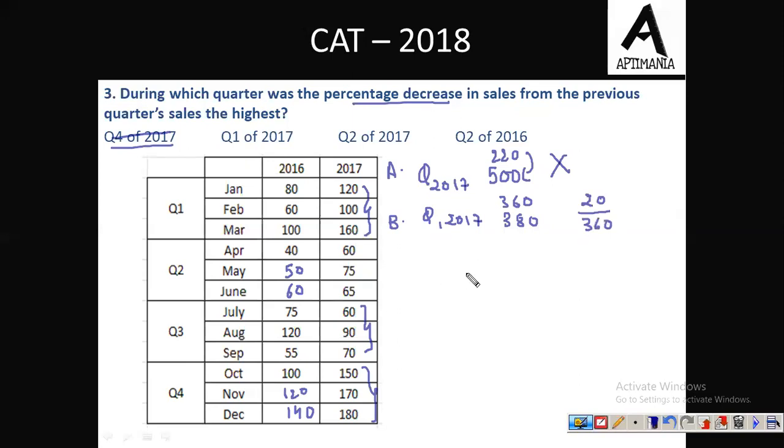Now let us check for option C. Quarter 2 of 2017. Quarter 2 of 2017 में जो value है ये वाली, ठीक है. Now the total is 60 and this is how much? 140. That is 200. And in quarter 1 the value was how much? 380. So there is a decrement.